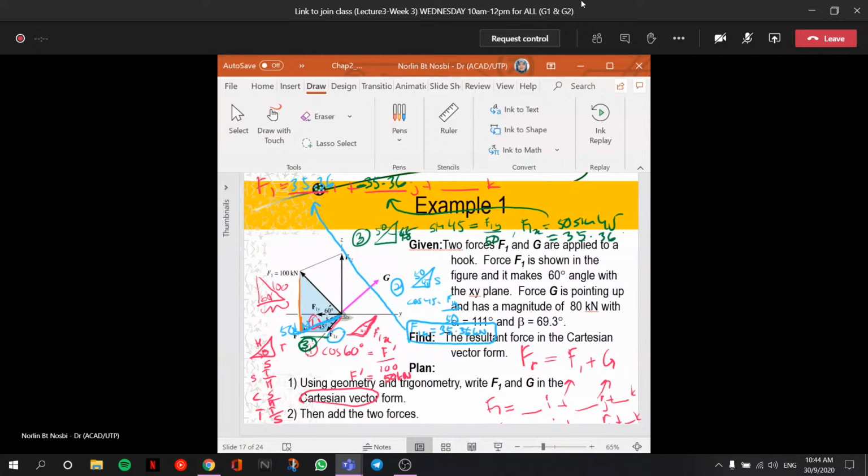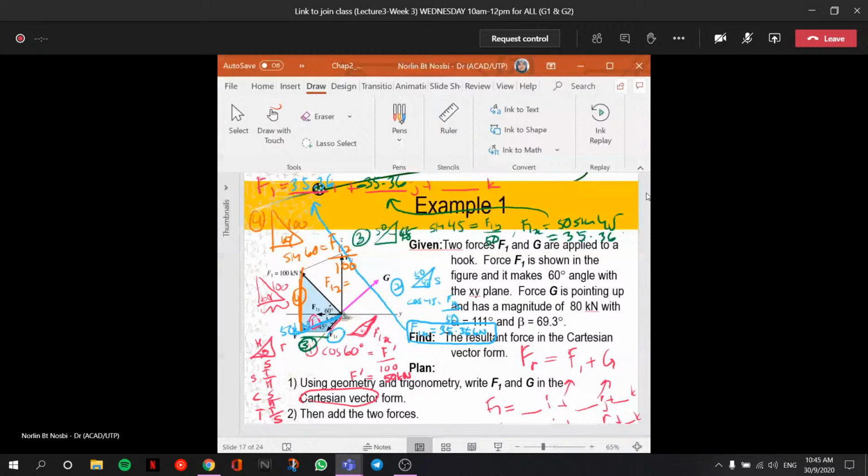You need to use trigonometry. So number 4, one is 60. This one is 100. So you will get opposite. So opposite is sine. So sine 60 equals F1Z over 100. So F1Z equals 100 times sine 60.